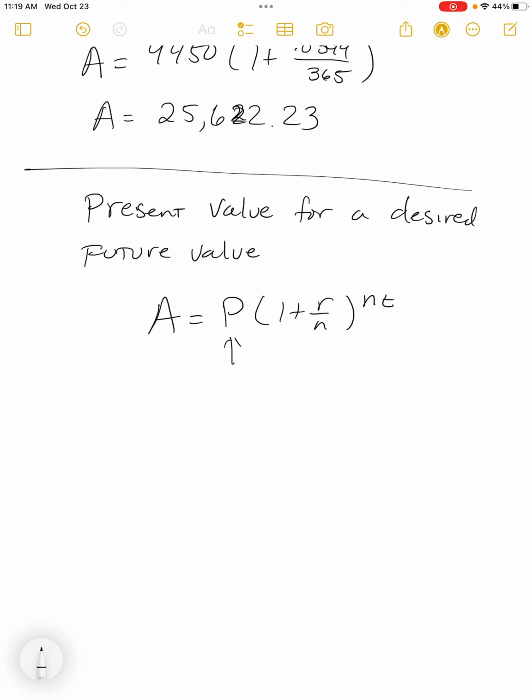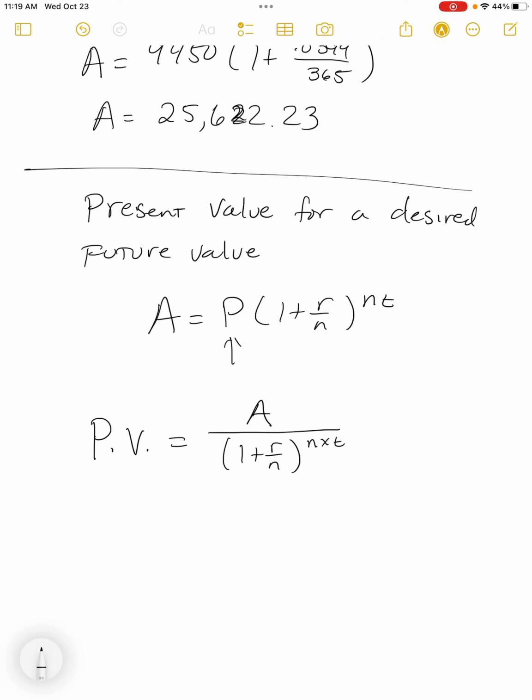And I'll try to walk you through how to plug it into your calculator. So when they ask for the present value, you want to take what you want in the end, which is the accumulated amount or future value, 1 plus r over n to the n times t. Okay, is how they have it written.